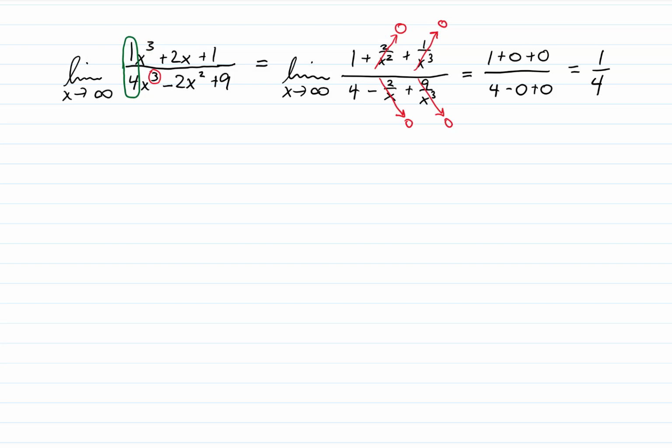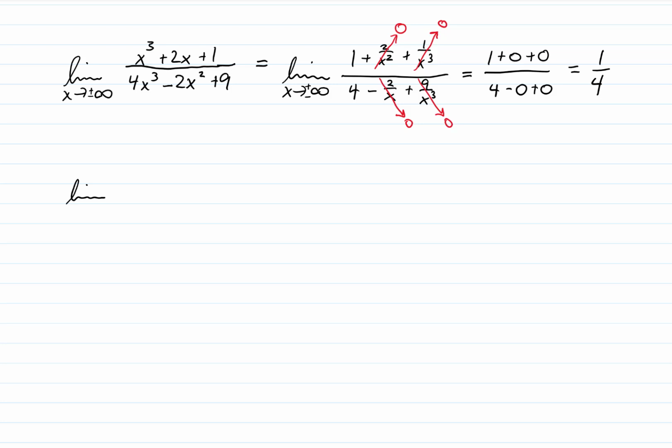Now let's look at one where the degree of the numerator is smaller than the degree of the denominator. And by the way, that one we just did would have been exactly the same whether x was going to positive or negative infinity. I'll even put in here plus or minus if you would like.